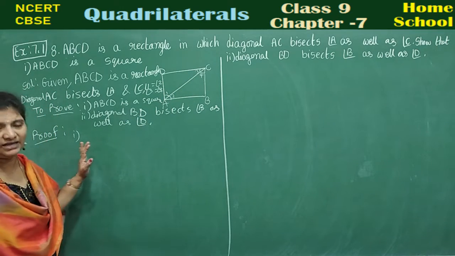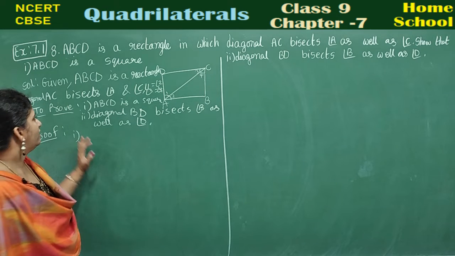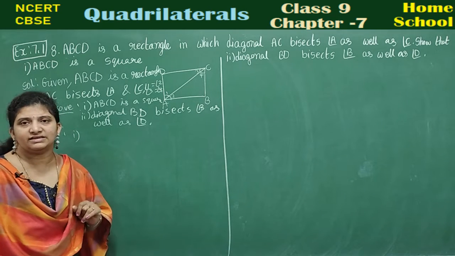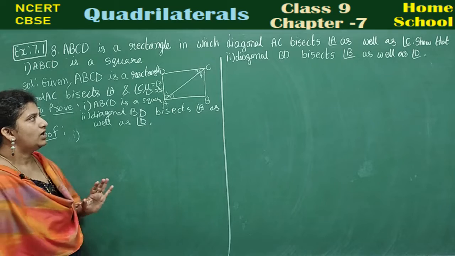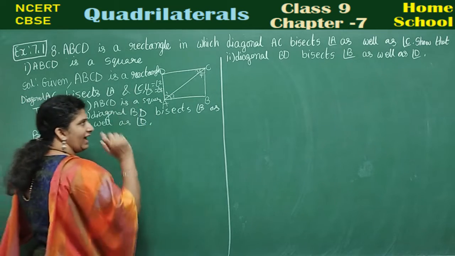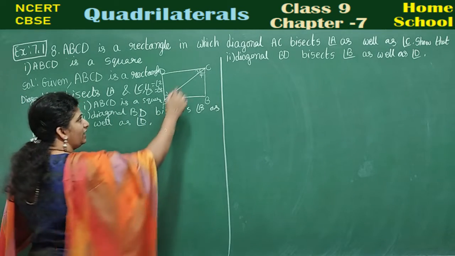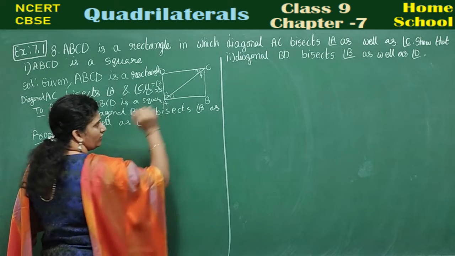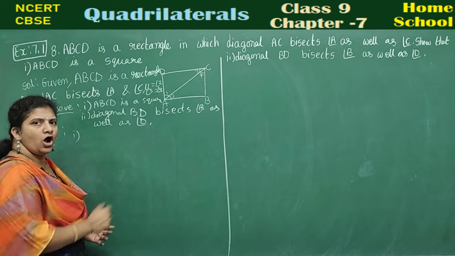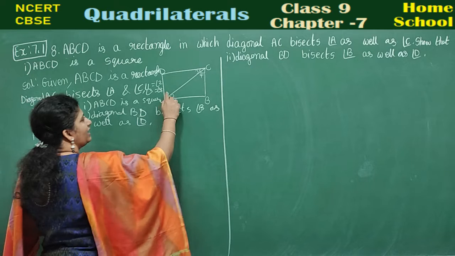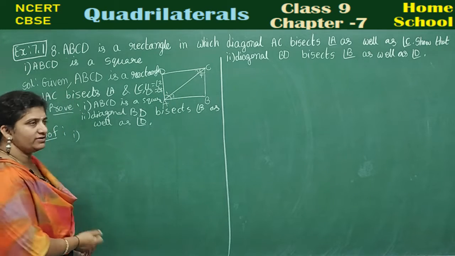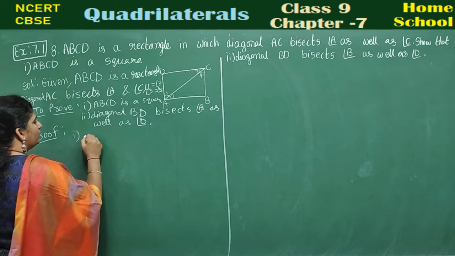Now let us start the proof. First, we try to prove ABCD is a square. I try to prove by taking the angles, children. Observe carefully. Angle 3 is equal to angle 2, I say. Alternate angles. Angle 1 is equal to angle 4, I will say. Let us write here.